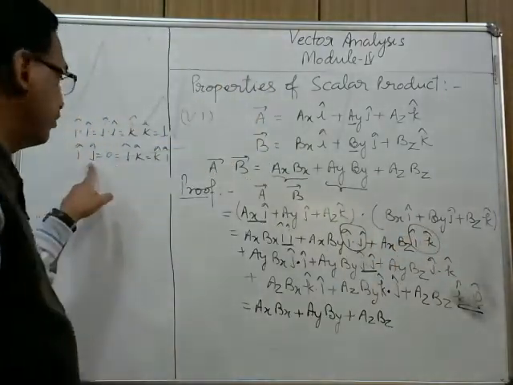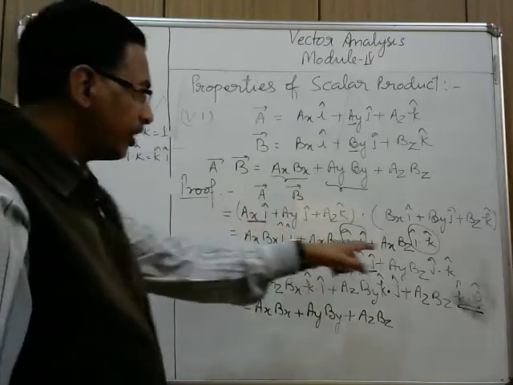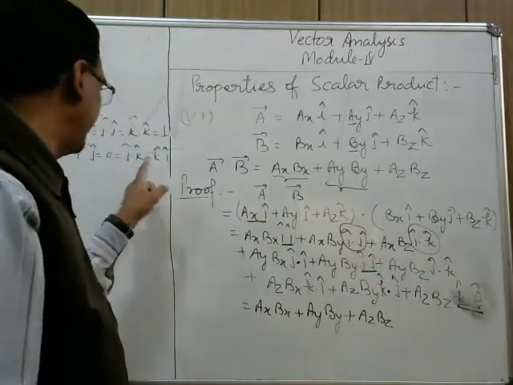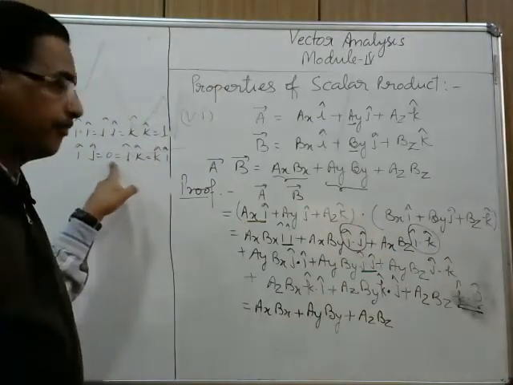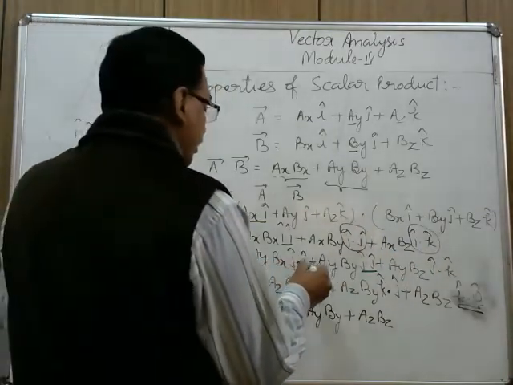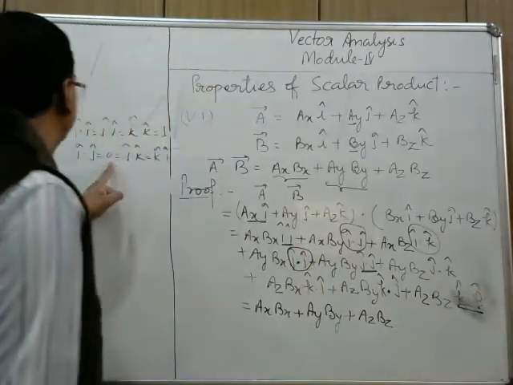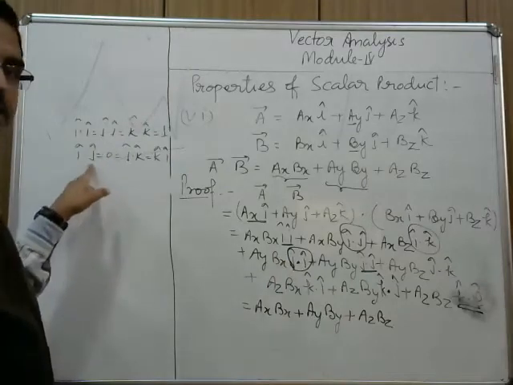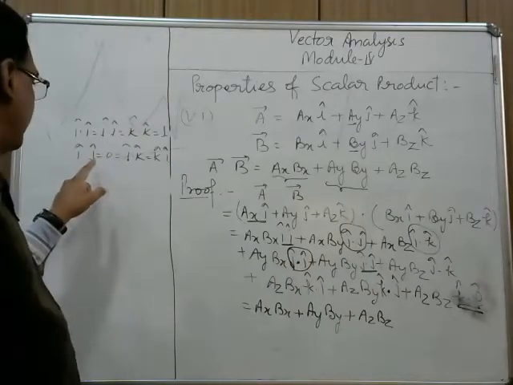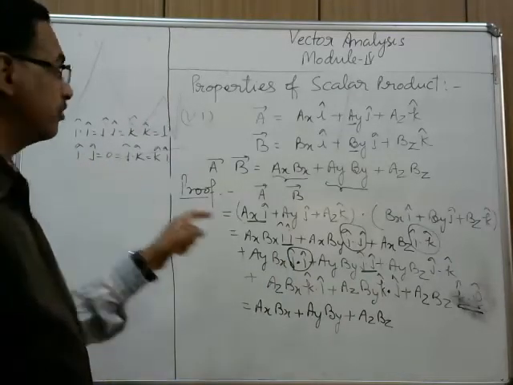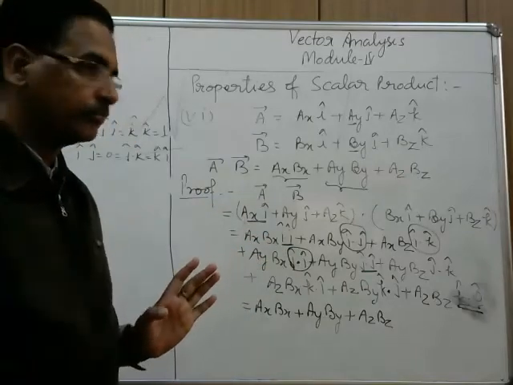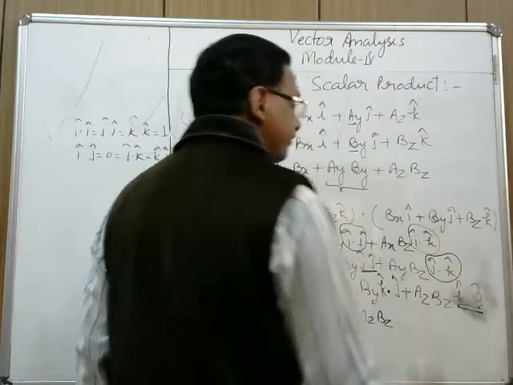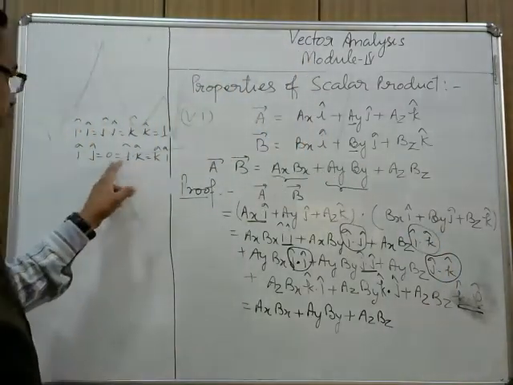Now these are in the circle: i dot j, i dot k. i dot j is 0. i dot k by commutative law is equal to k dot i and k dot i is also 0. Similarly, j dot i: i dot j is 0 and by commutative law j dot i will also be 0. And this j dot k is also 0.